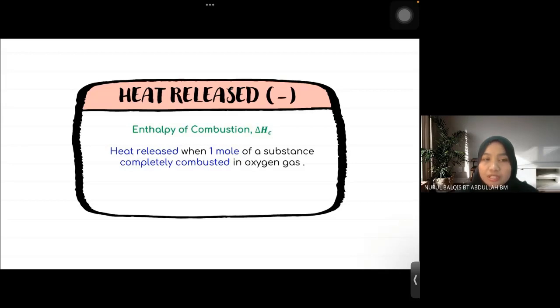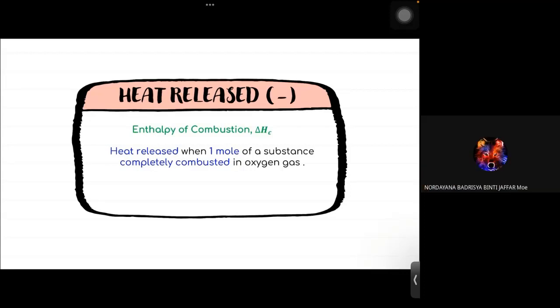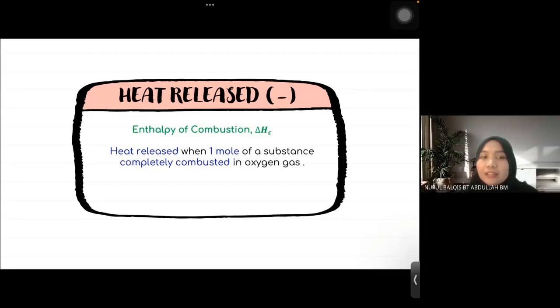From these definitions, does the 1 mole belong to the reactant or product? If it says completely combusted in oxygen gas, is it on the reactant or has it become product? Reactant. In enthalpy of combustions, the species undergoes combustion to form product.